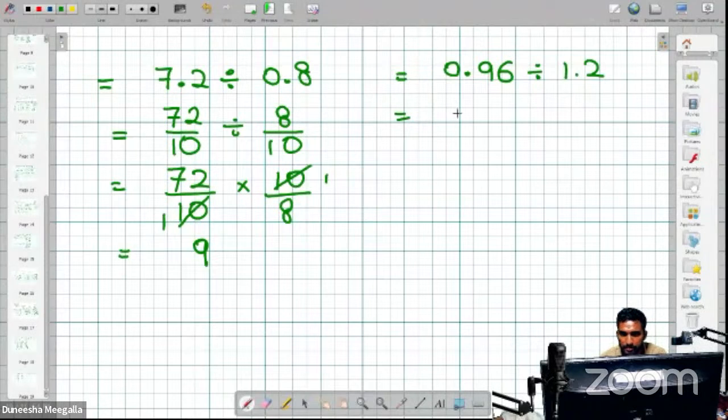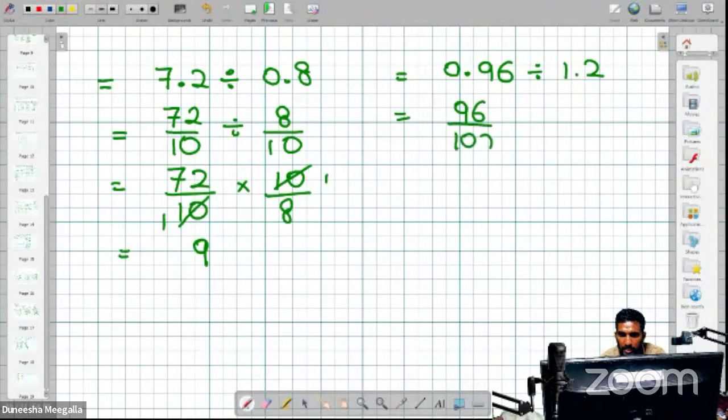Dulari, how can we write 0.96 as a fraction? 96 over 100.